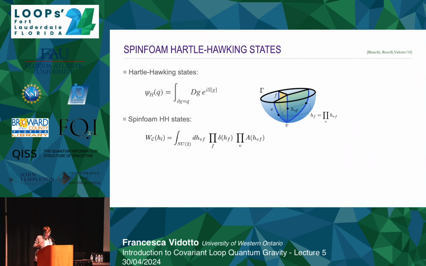The nice thing that is happening here is that now I can use this object as a state, because these are three-dimensional geometries in which I don't have just a spin network, I have a superposition of spin networks. But somehow, this particular state is the one that is chosen by the dynamics. Remember, my amplitude is basically projecting on the physical states of the theory. So I can use this object as a state, and I can study the properties of this state.